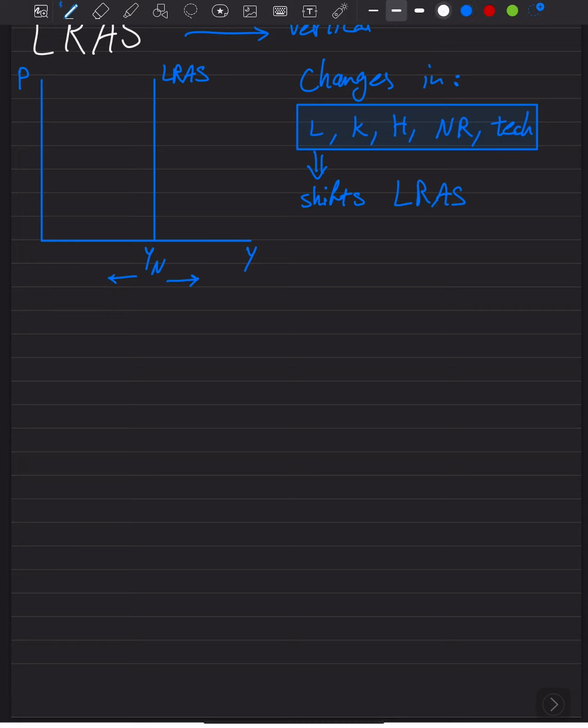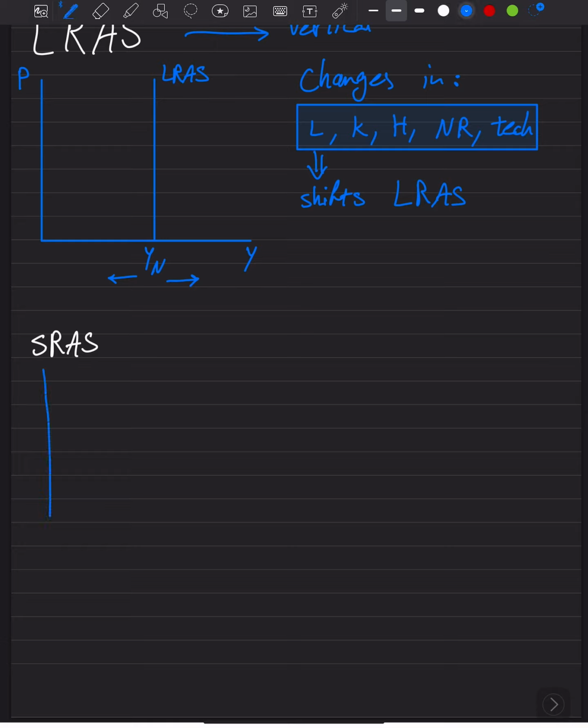But for now, let's look at the short run aggregate supply. In the short run, businesses are flexible, but not completely. Prices of goods may adjust, but wages and some costs are sticky. For example, if prices go up, but wages stay the same, businesses produce more, creating an upward sloping short run aggregate supply.